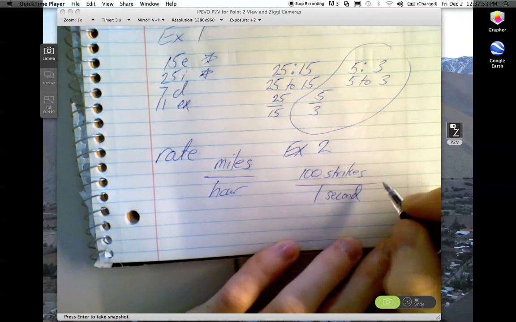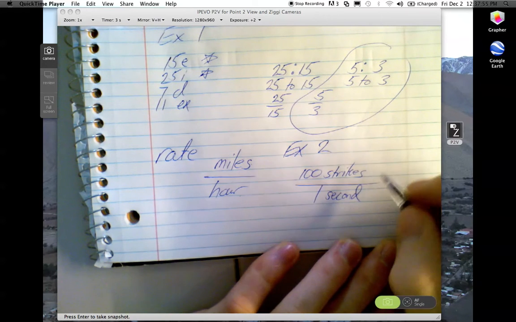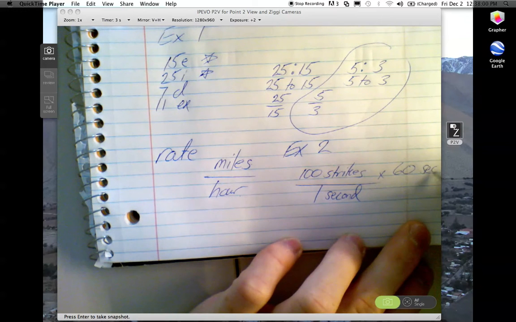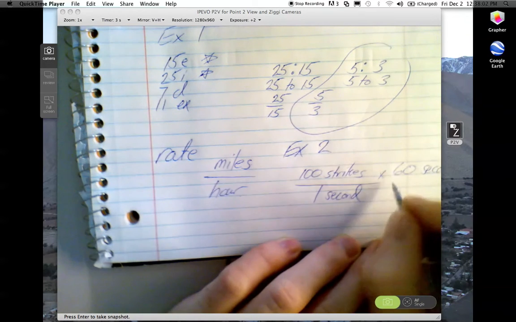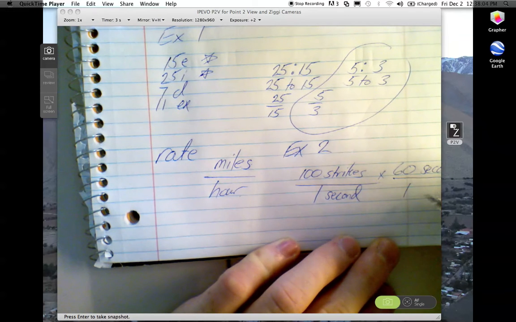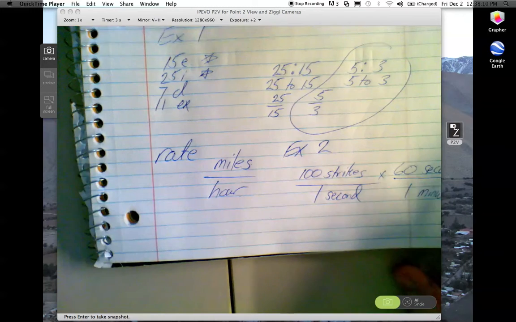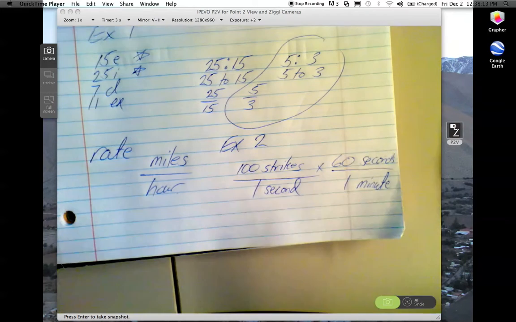So we can't really change what this is, but we can multiply by 60 seconds per 1 minute, correct? That's multiplying by the same thing as 1 because there are 60 seconds in 1 minute.